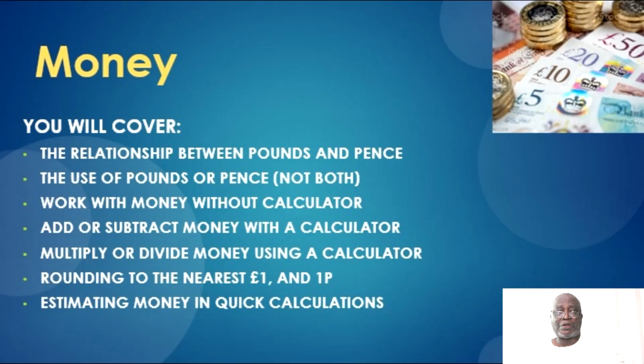You will work with money without a calculator, and with a calculator. For example, you will add or subtract money with and without a calculator. You will multiply or divide money using a calculator, and you will round to the nearest pound and pence. Finally, you will be estimating money in quick calculations.